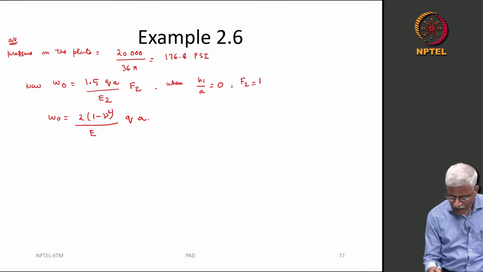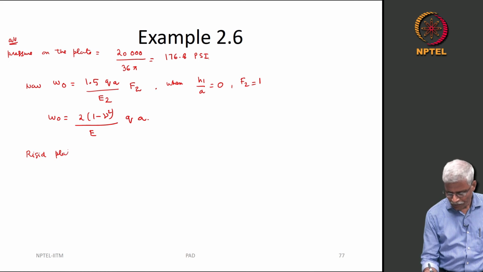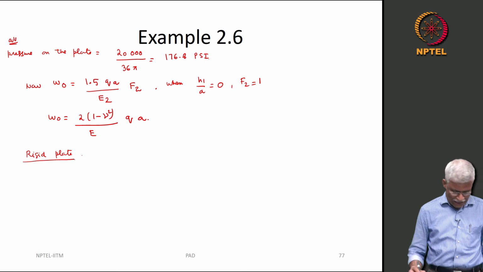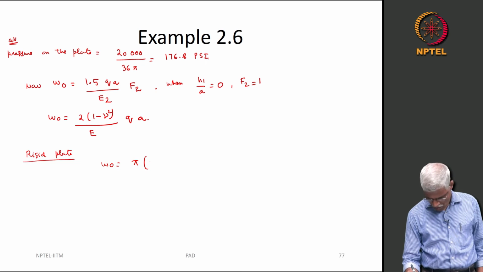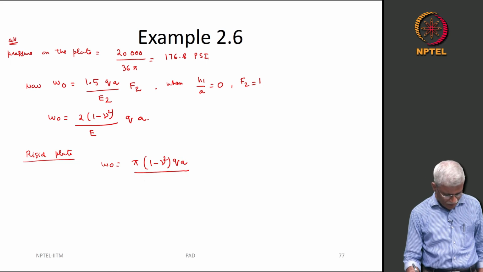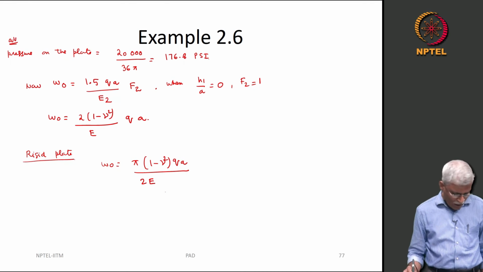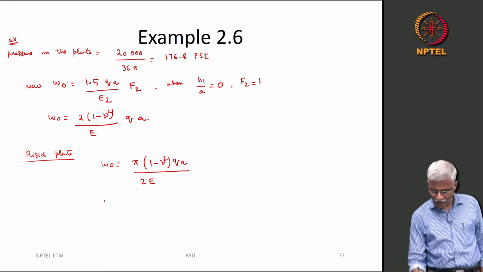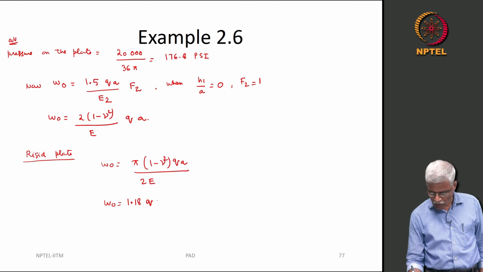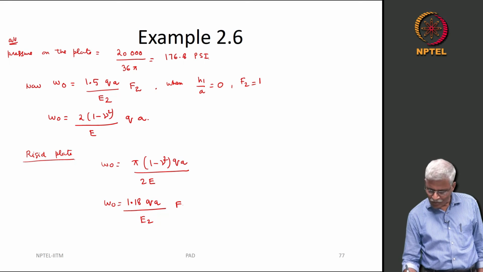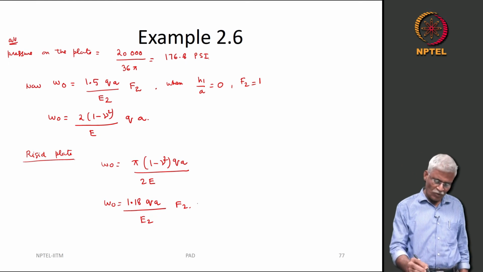Now, for rigid plate, W naught is going to be pi times 1 minus nu square Q times A divided by 2E, and if you solve it, you are going to get 1.18 Q A divided by E2 times F2.